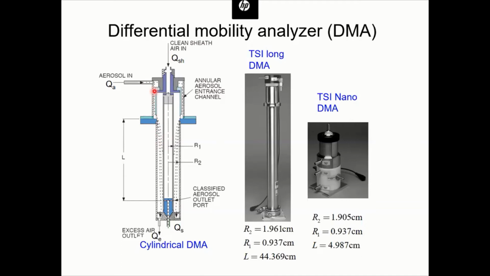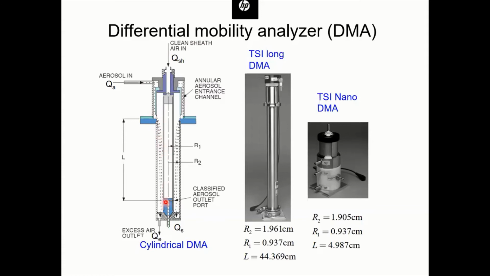The particles are introduced from the side of the cylinder, and similar to the parallel plate, larger particles are going to go through this longer, more tilted diagonal line. Smaller particles get attracted very rapidly, so they will deposit here.